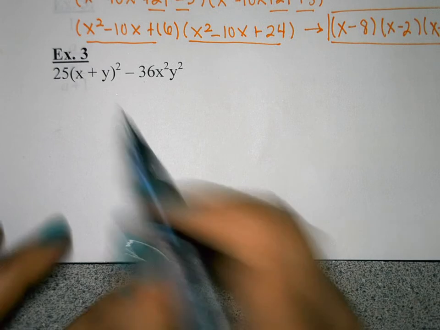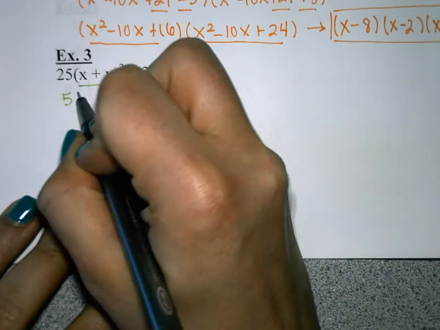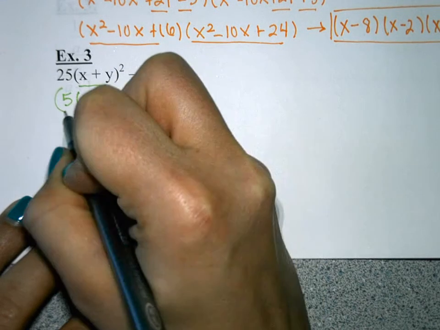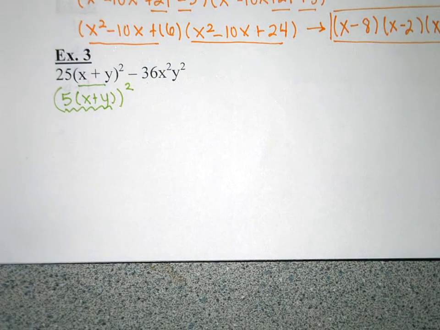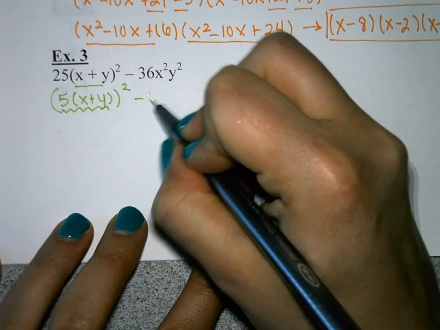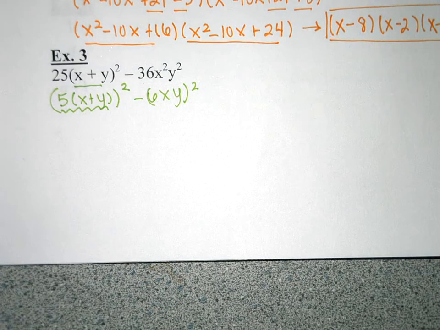We can rewrite this using substitution, or we can just ignore the substitution and rewrite our term as 5 times (x + y) and then the whole thing squared. So this is actually the base that we're squaring minus this guy would be (6xy) squared. And we can do difference of two squares from there.